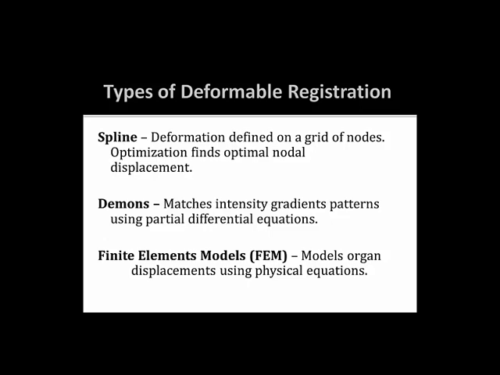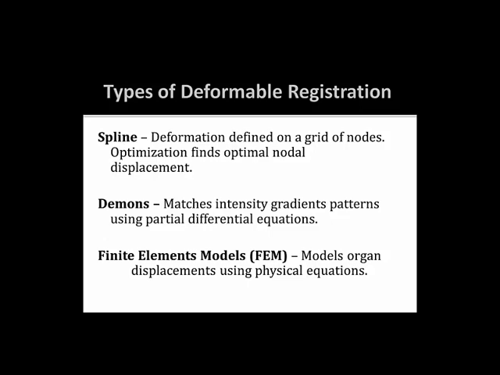And I think at this point there's a way of doing it, but you may have to actually contour each structure. So you'd have to contour the bone and then assign that a value. From a speed standpoint and being able to do the deformable quickly, finite element modeling is usually slower. So most commercial products either go with spline or Demons.